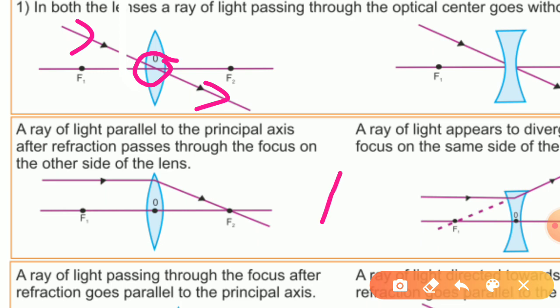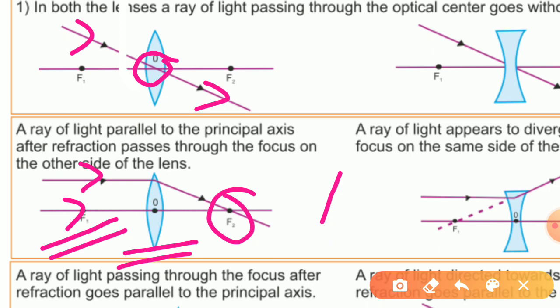Second, rays of light parallel to the principal axis, after refraction from the lens, pass through the focus. So when the incident ray of light is parallel to the principal axis, after refraction it will pass through the focus.